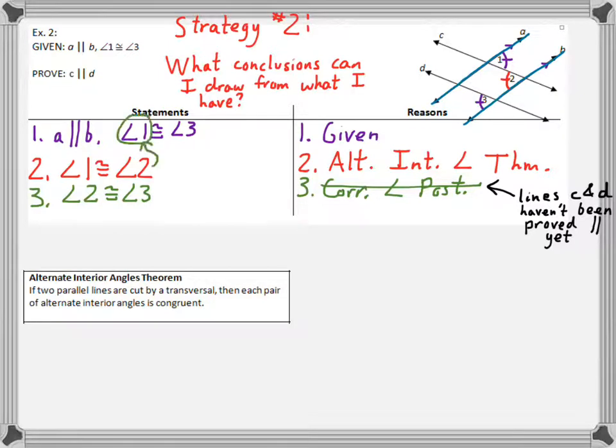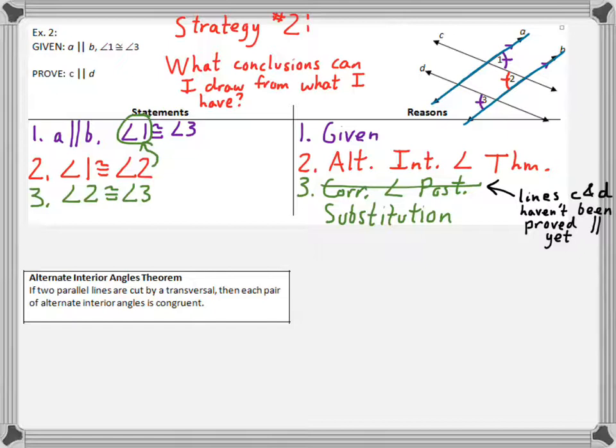Okay, the correct way to show that angle 2 is congruent to angle 3 is because angle 1 and 2 are congruent, so I can substitute angle 1 with angle 2. Okay, that's similar to what I just said about, well, if 1 and 3 are congruent and 1 and 2 are congruent, then, well, heck, they're all congruent.